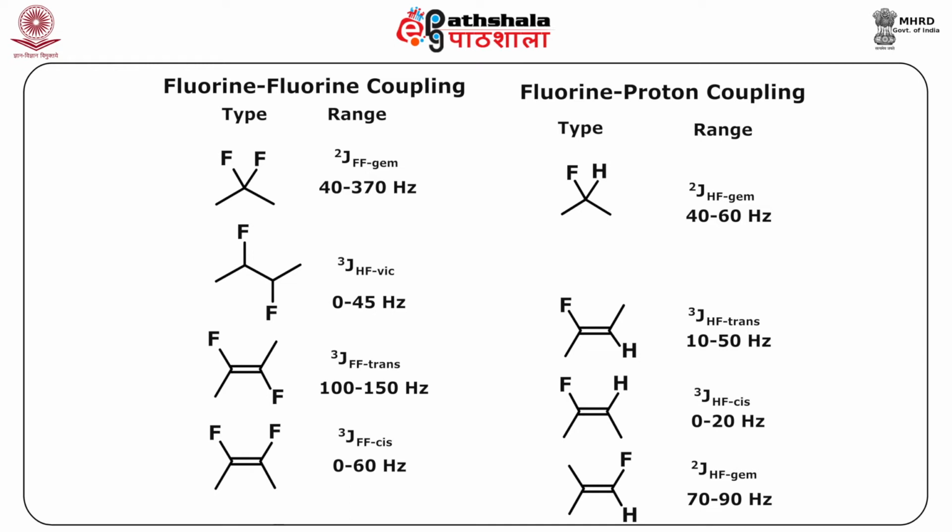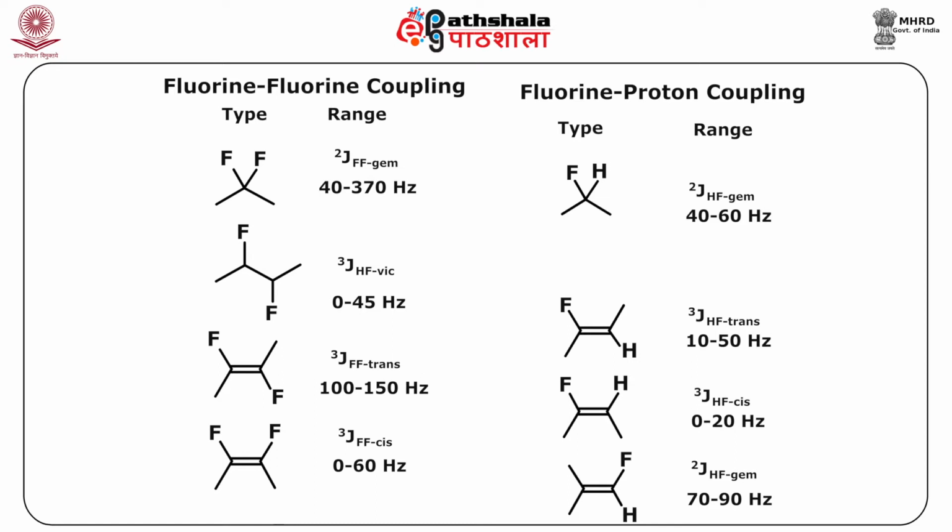The coupling constants between fluorine nuclei are generally larger than those for hydrogen. Geminal fluorine-fluorine coupling ranges from 40 to 370 Hz and vicinal fluorine-fluorine ranges from 0 to 45 Hz. The cis-vicinal coupling ranges from 0 to 60 Hz and the trans-vicinal coupling ranges from 100 to 150 Hz.